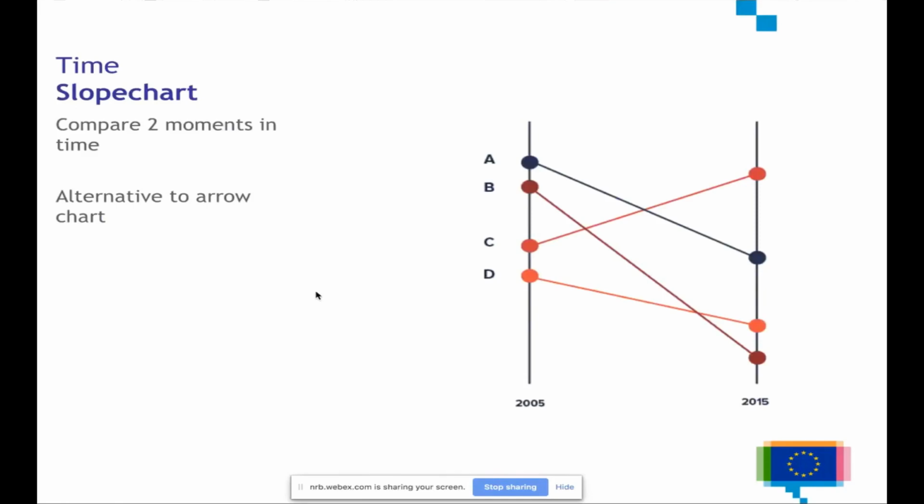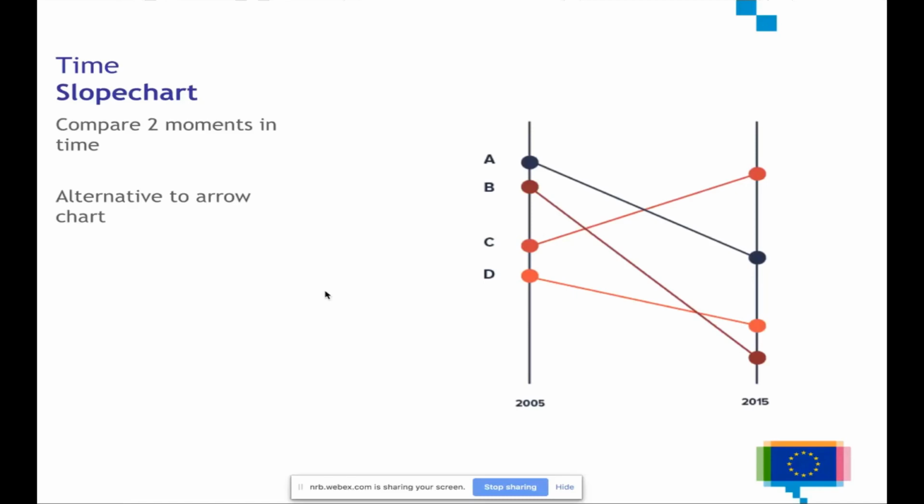And you can see that for some categories there is an upward trend, and for others there is a downward trend. Important to note here is that the data points in between are left out. There's no indication of what happened in 2010, for example. So the slope chart only compares 2 moments in time.